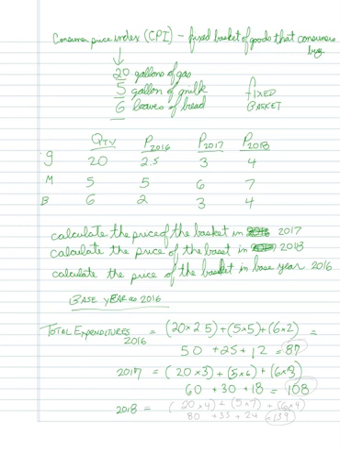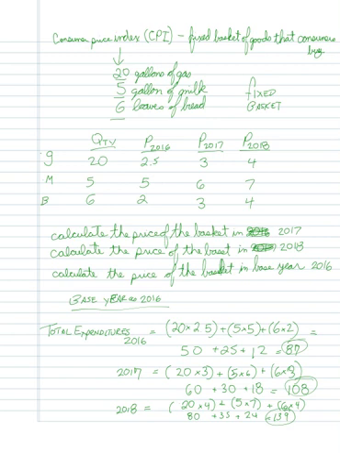And then in 2018, we're looking at 20 times 4 plus 5 times 7 plus 6 times 4, which would mean I'd have 80 plus 35 plus 24, which is equal to 139. So as you see here from what I circled, the price of the basket of goods has increased over time.